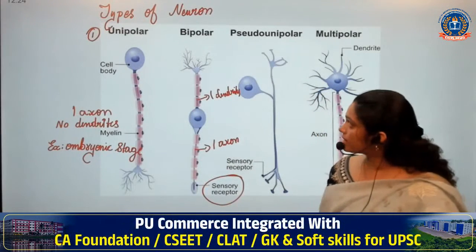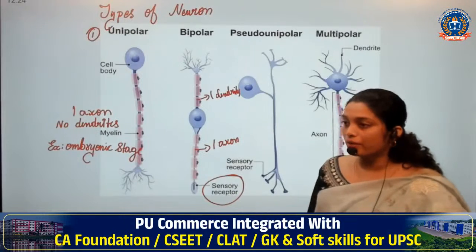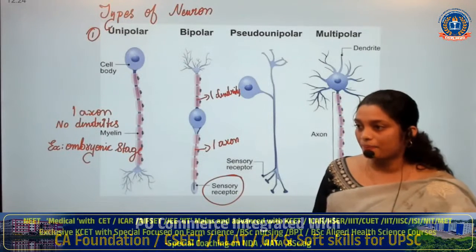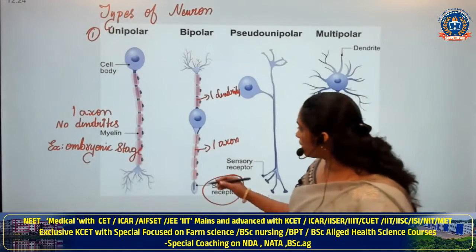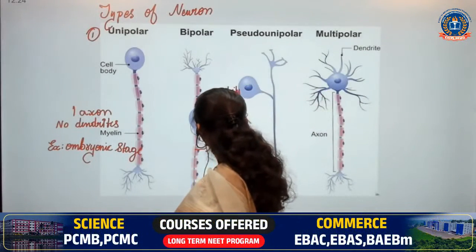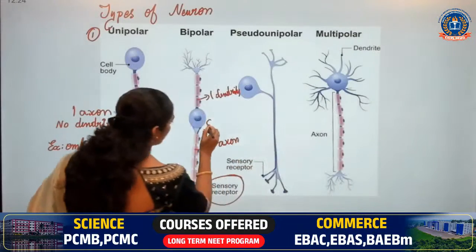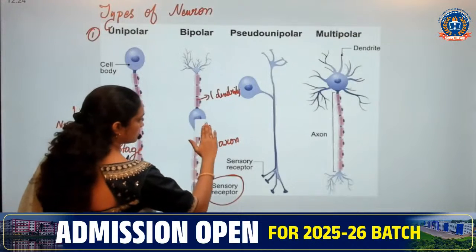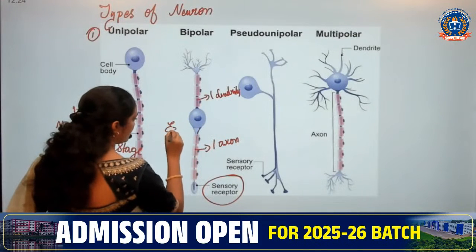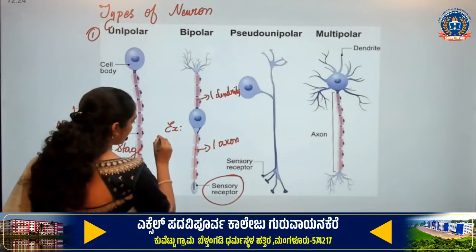Okay. This bipolar neuron, where do we find it? Yes, correct, Pratik, Manisha. Right answers. The example for this is the retina of the eye.